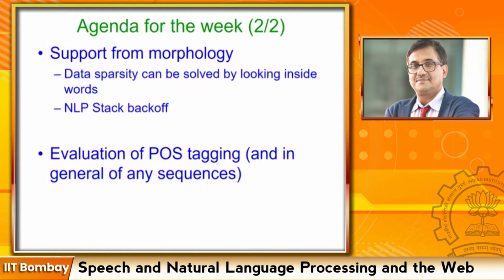That means if you want to solve the data sparsity problem for part of speech tagging, you will have to appeal to morphology. That's a must. If a word is seen in the test corpus which is not in the training corpus, you have not seen that word before, then you have to look inside the word. You have to break the word apart. You have to work with the property of the word.